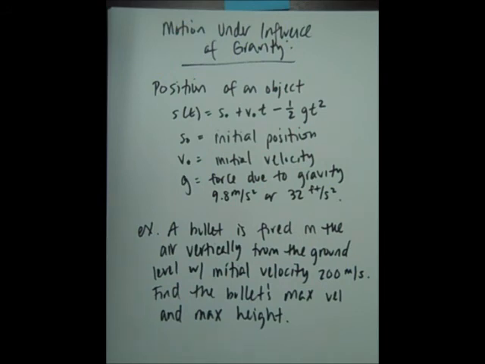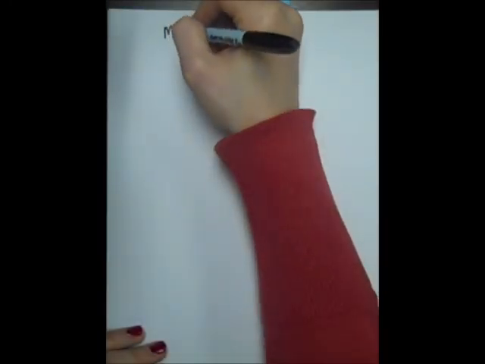Okay, so I have that a bullet is fired in the air vertically from the ground with the initial velocity being 200 meters per second. I want to find the bullet's maximum velocity and the maximum height. So let's use Galileo's formula to first find the position. If we're going to find the maximum height, remember we did that before.